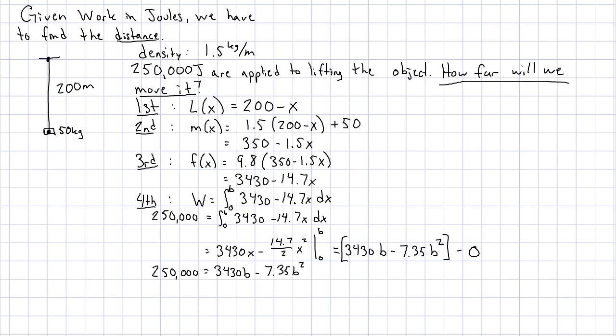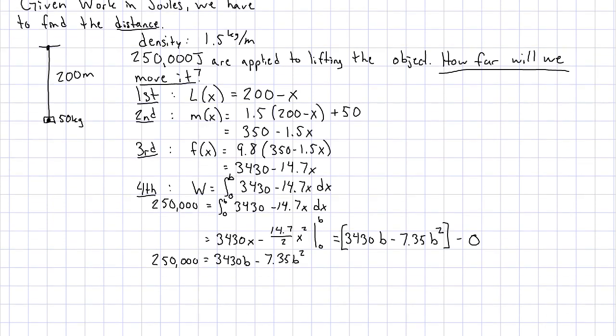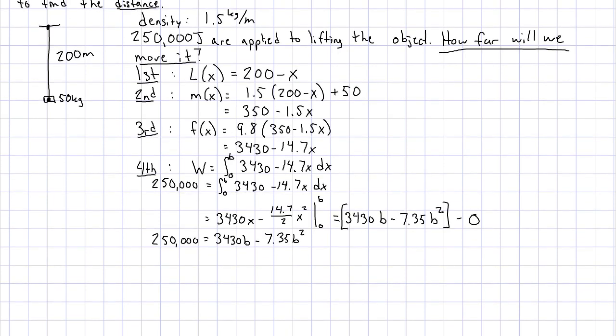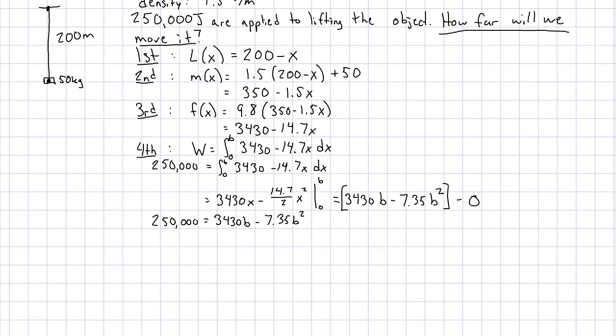At this point, I now have a quadratic equation. So I can use the quadratic formula, but first I need to set everything equal to 0. So I will subtract the 250,000, and I'm going to rearrange these so that my square term is first.